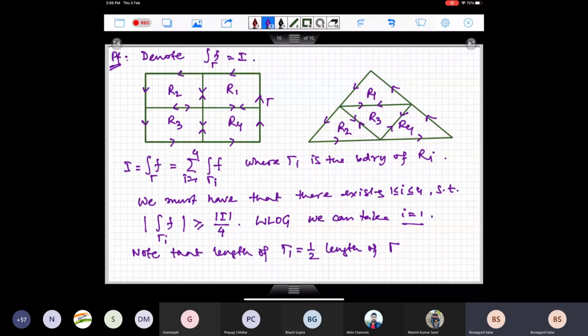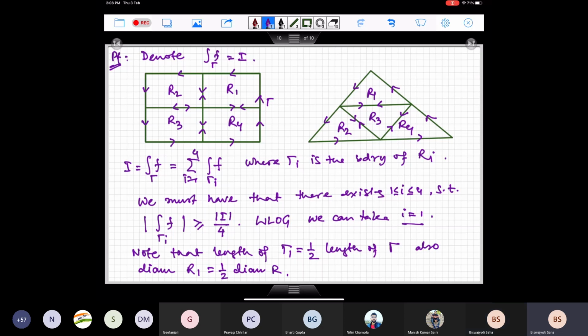Also, in metric spaces there is this concept of diameter, meaning the maximum possible distance between two points of a set. That diameter is also getting reduced by half. So the diameter of R1 is half times the diameter of R.